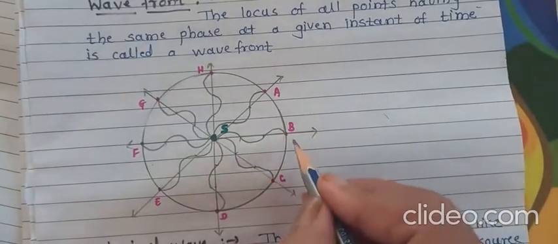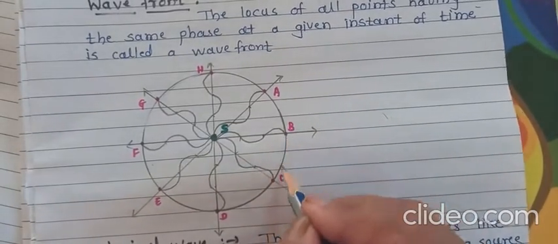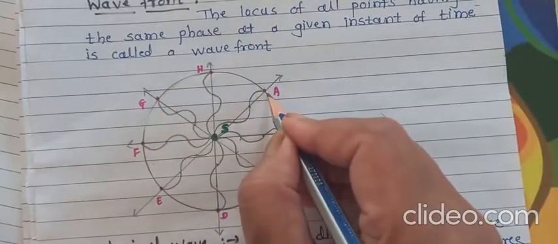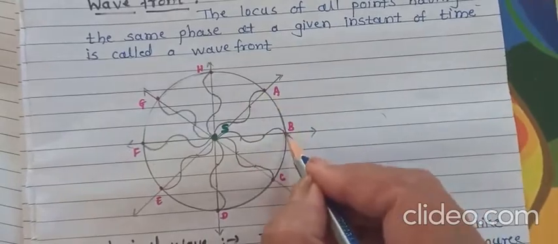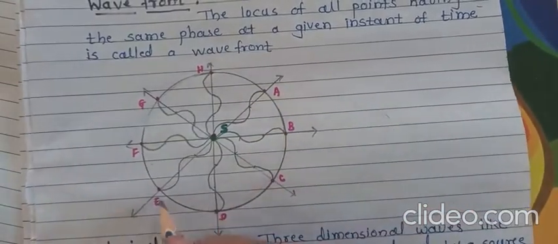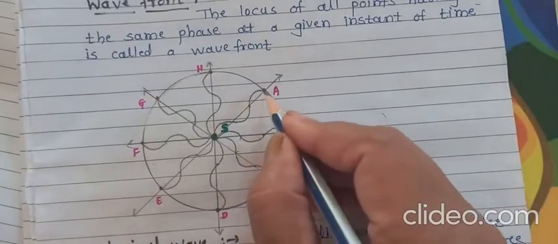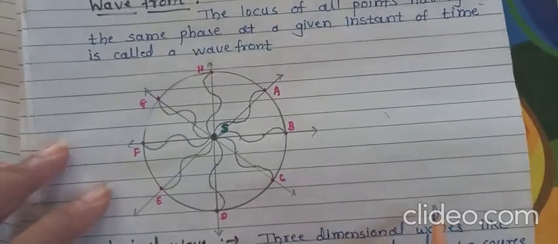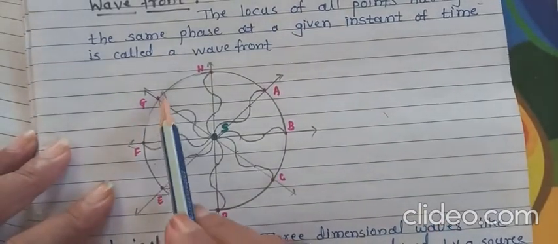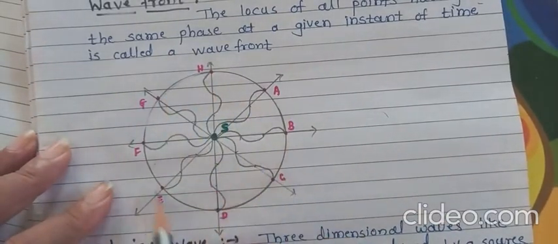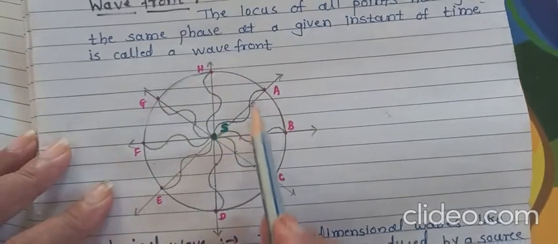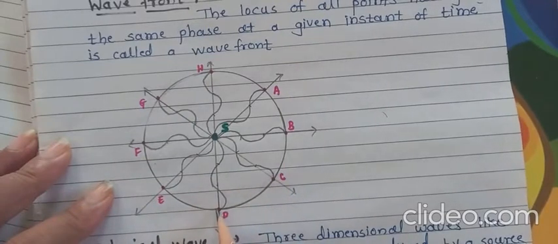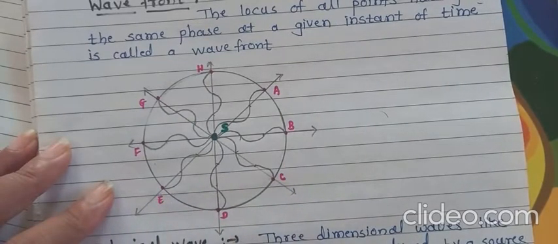After a certain time, if we draw a locus of all points of the medium at which all the points are in the same phase, it is called a wavefront. It means a wavefront is a locus of all points of the medium at which the wave reaches simultaneously at a given instant.